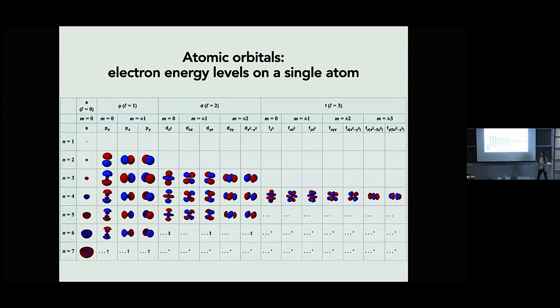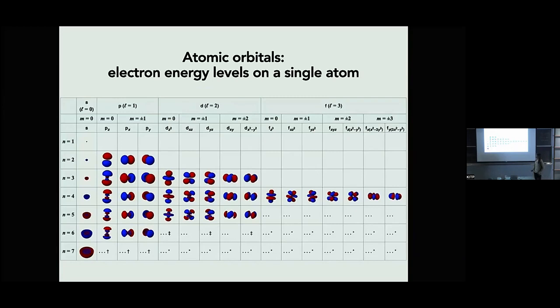Within each of those angular momenta, we have the z component of angular momentum, because angular momentum is a vector, so you can look at different components of that vector. That tells us, for example, that if we have p orbitals, we can have px, py, and pz components. Similarly for d orbitals. And this is a cool table that I found, which visualizes many of these different types of orbitals.